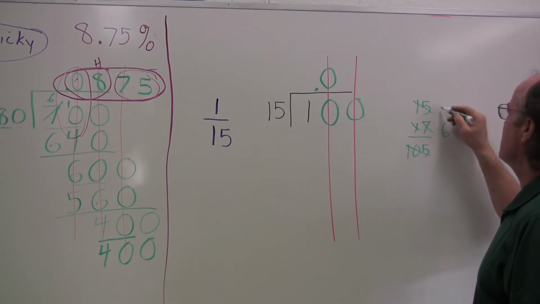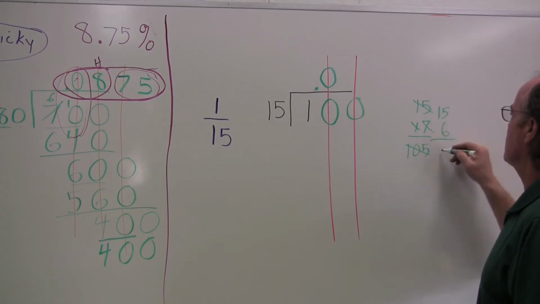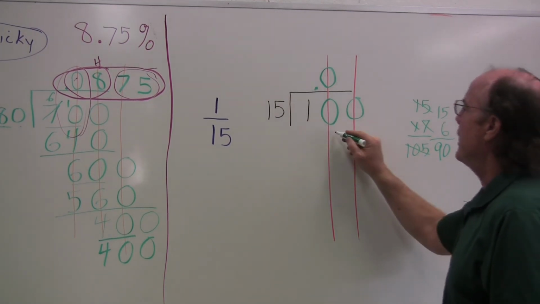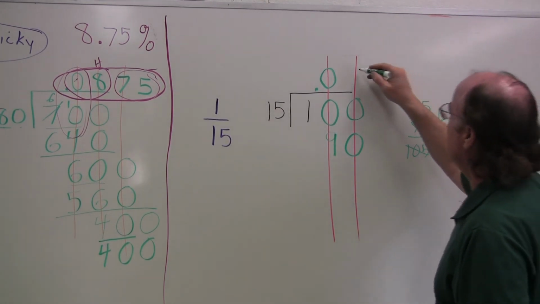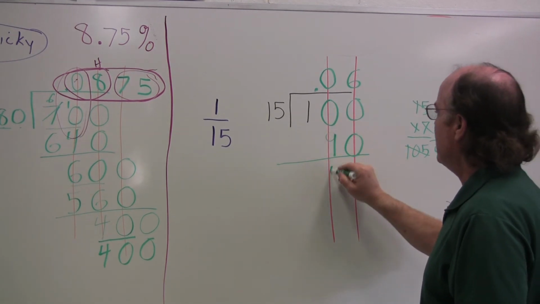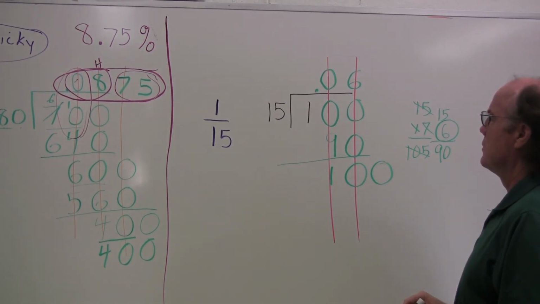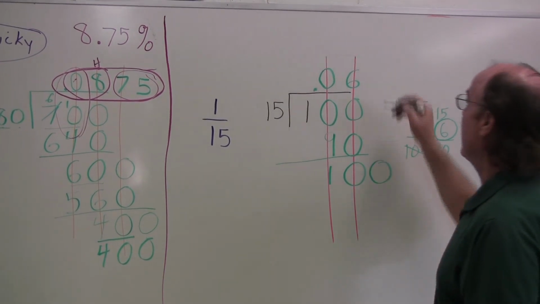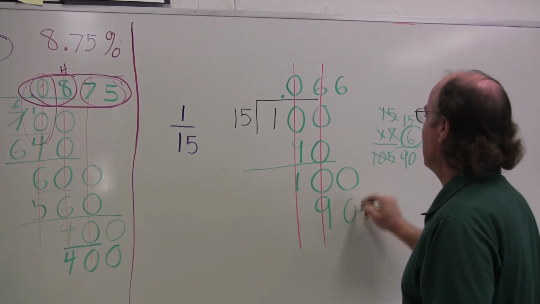So it's going to be 6. 15 times 6, 6 times 1 is 60, plus 30 is 90. Now 100 minus 90 is 10, and we add a 0. Whoa! Okay, we'll get 90 again.